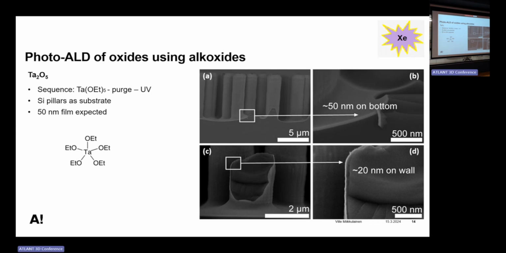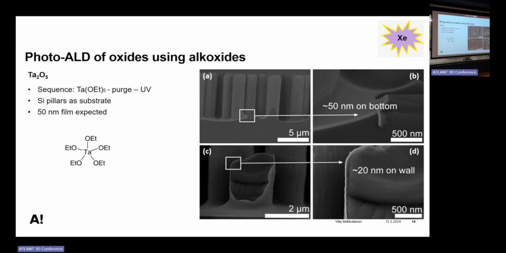But I would consider that this can be further optimized, because the surface reaction adsorbing the alkoxide in the precursor pulse produces a self-limiting saturated monolayer.